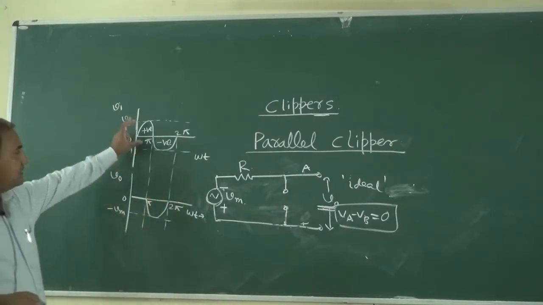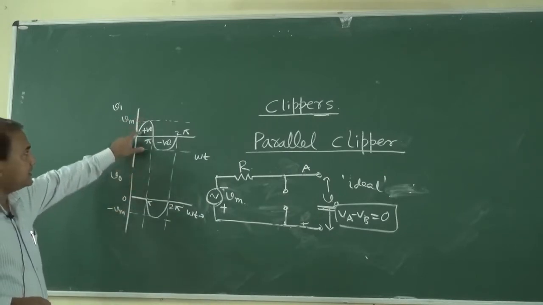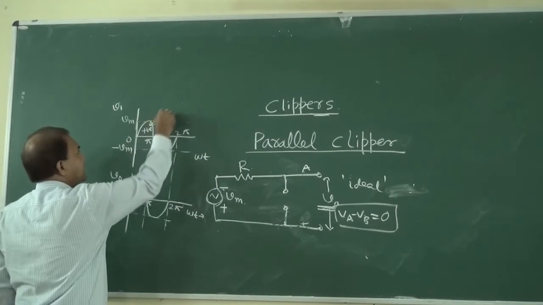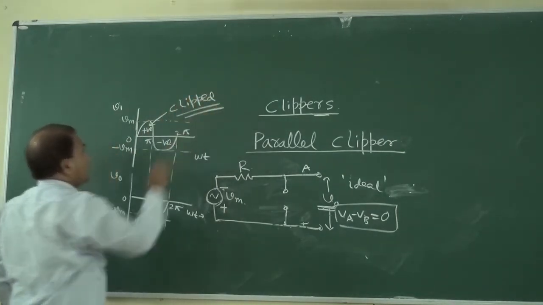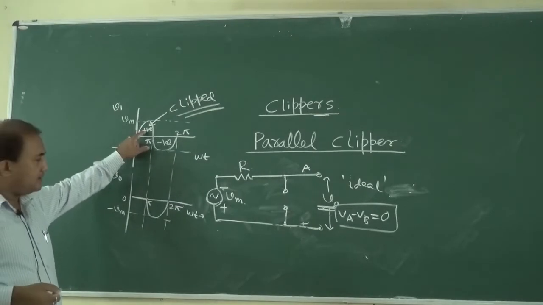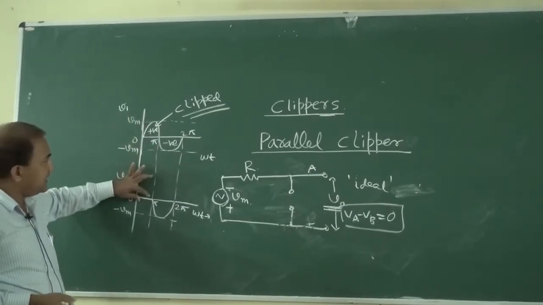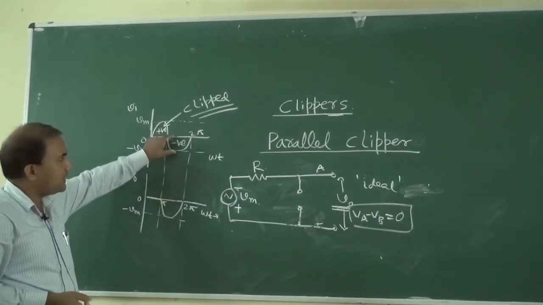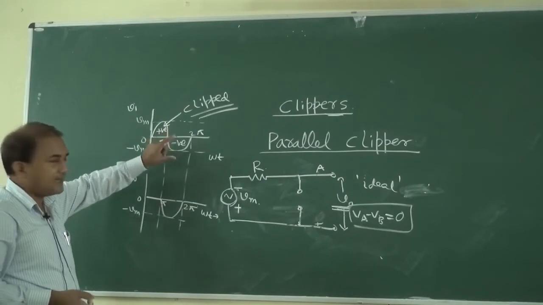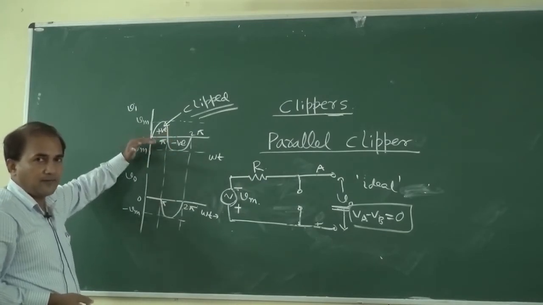This is the input waveform and this is the output waveform. In the positive half cycle, the positive part is clipped. In the output we are seeing that the positive part is clipped, only the negative part is coming, which is the same. So a clipper circuit clips some portion of the input waveform.